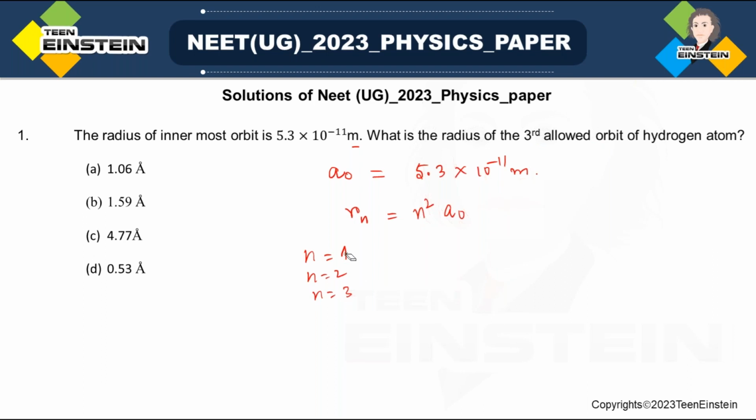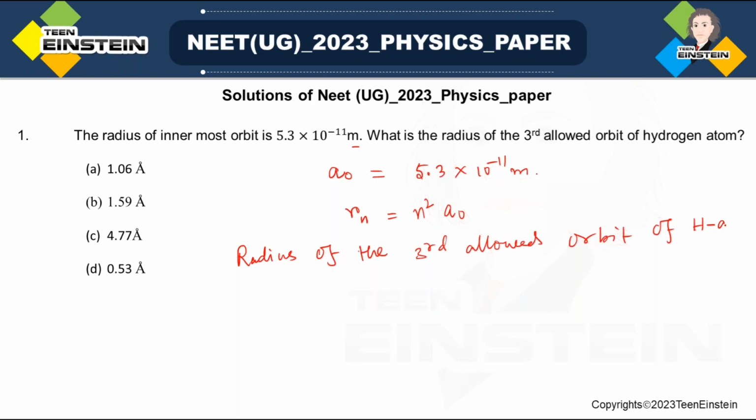So we'll write here the radius of the third allowed orbit of the hydrogen atom. Hydrogen atom is sometimes written H atom.